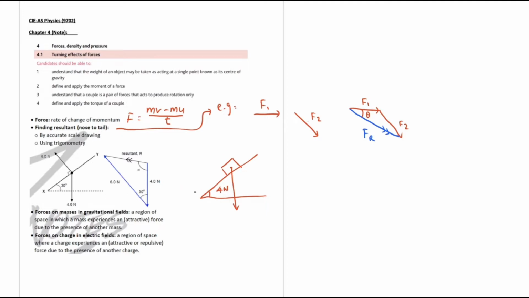I try to make it the same, 30 degrees. Now this one, like what I mentioned just now, is an external force that pulls the object in this direction. But I also mentioned that in certain situations we have a normal reaction.